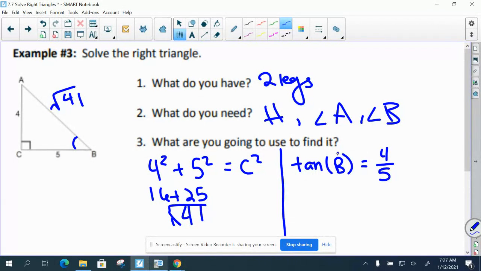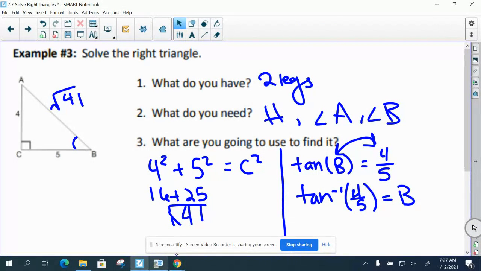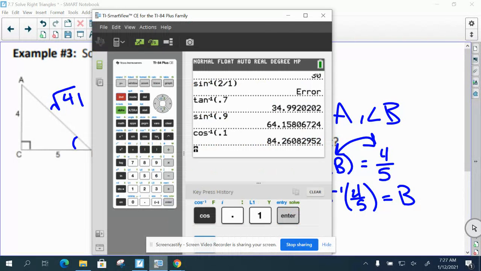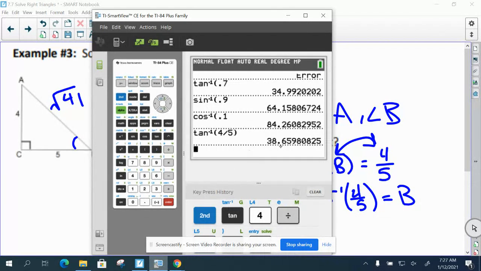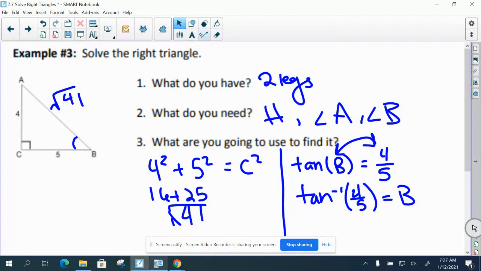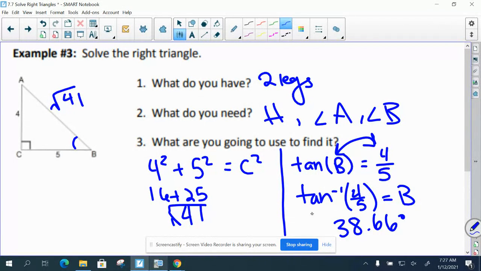So now we're going to flip these around and say that the tangent inverse of 4/5 equals B. If I type that in my calculator, tangent inverse of 4 over 5, you don't need to use your fraction button, is 38.66 degrees.